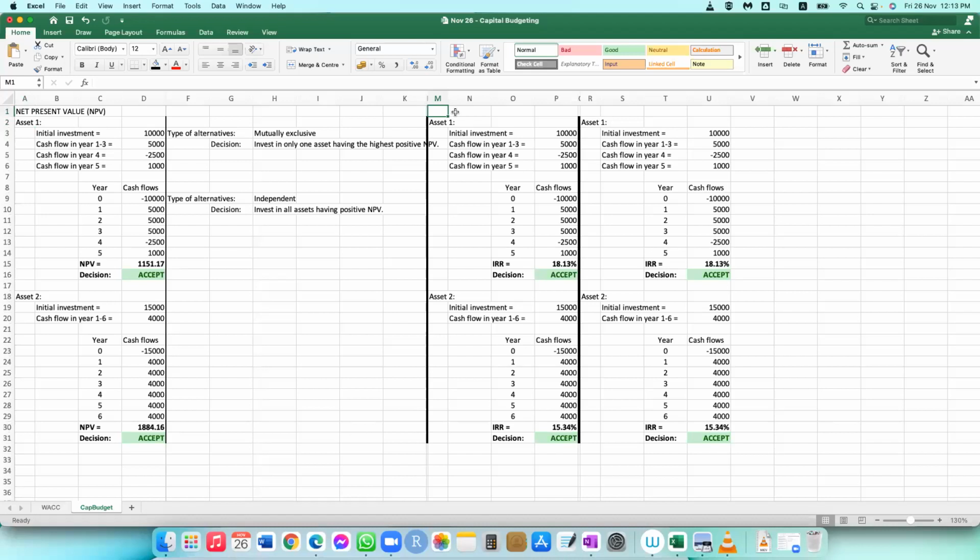This is internal rate of return or IRR, and this one is modified internal rate of return or MIRR. So how to calculate this MIRR? Very simple and easy.